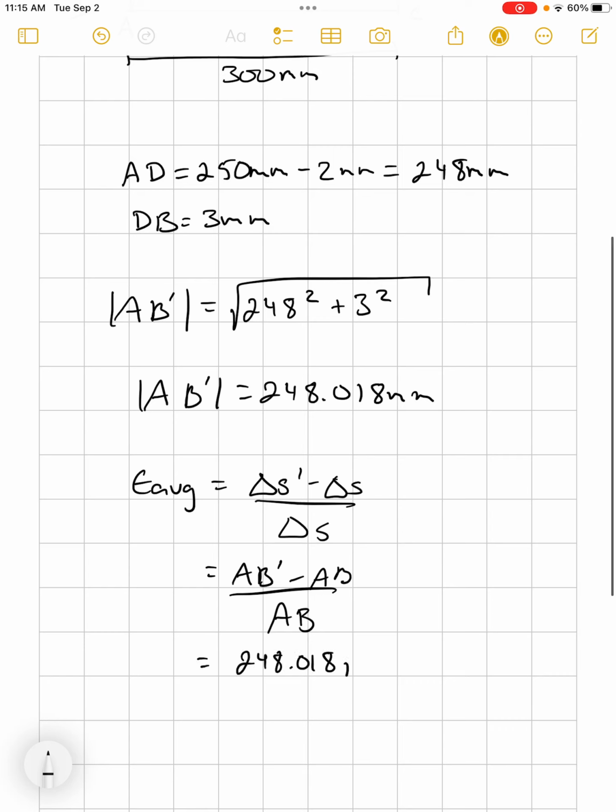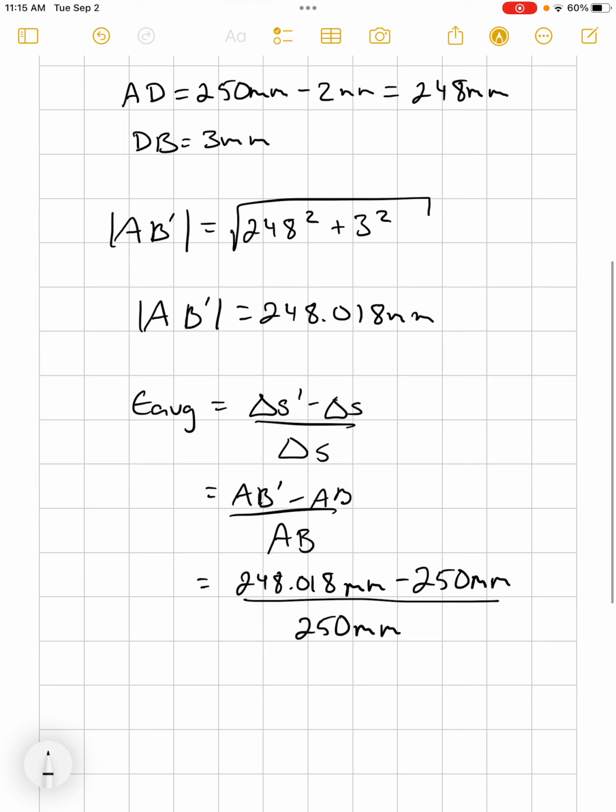That's going to be 248.018 millimeters minus 250 millimeters, and then dividing by 250 millimeters. Okay, so that means our average normal strain will be equal to minus 7.93 times 10 to the minus 3 millimeter per millimeter. Okay.